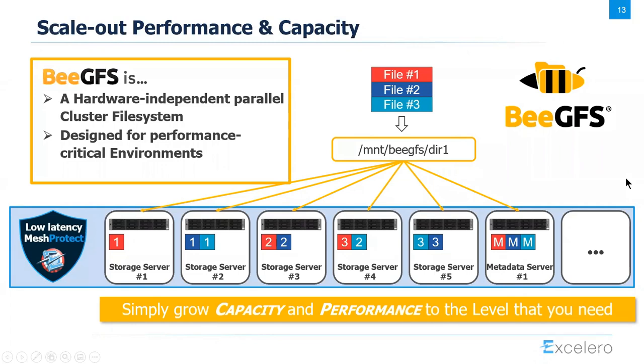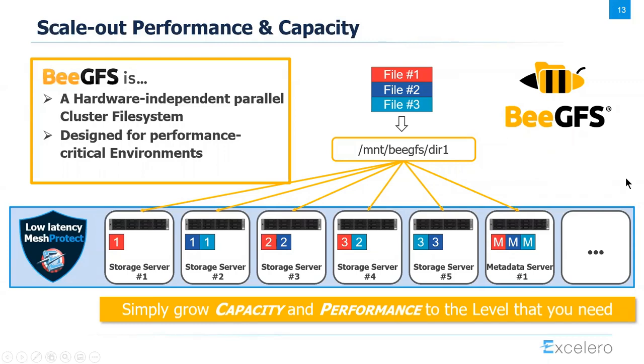So this slide that we have in front of us is an example of how things operate. When you're writing files to BeeGFS, the files are chunked. They're split into blocks of data of the same size, which have different colors and numbers on the servers. And then the writes are spread across all the servers that are part of the cluster.